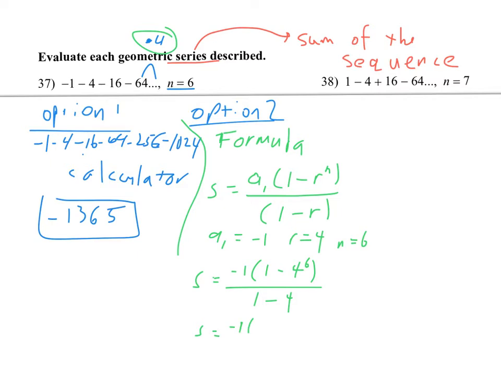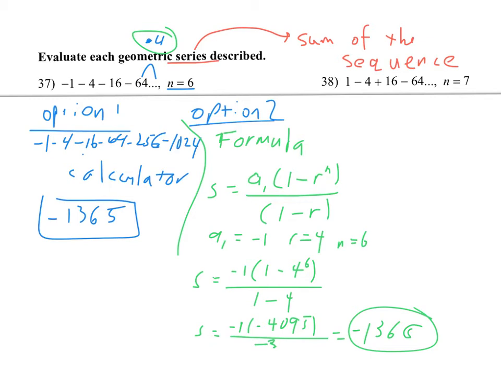So let's see, 1 minus 4 to the power of 6 is -4095 divided by -3. So then if I did -1 times -4095, that's obviously just +4095. And so on my calculator, if I divide that by a -3, that gives me -1365.